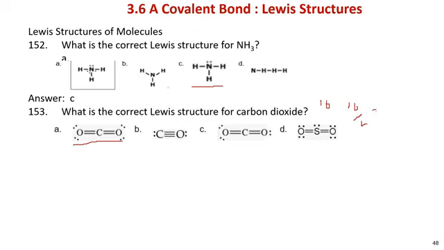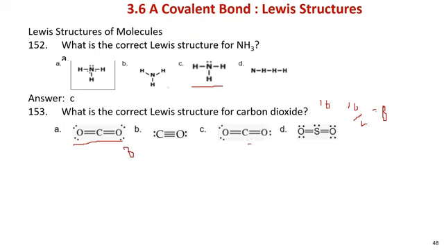This is not carbon dioxide, nor one oxygen. This is correct connectivity, but this has only 7 electron pairs. 7 electron pairs is 14 electrons. 8 electron pairs is 16.